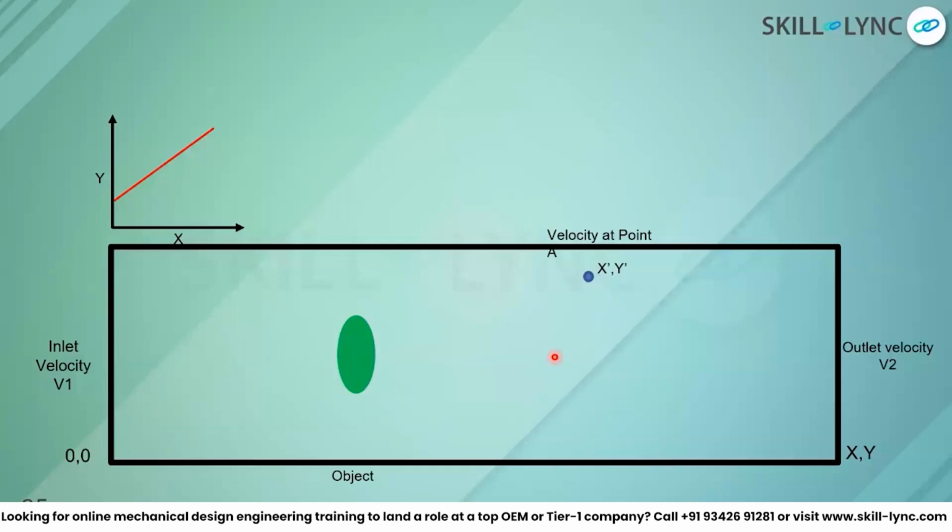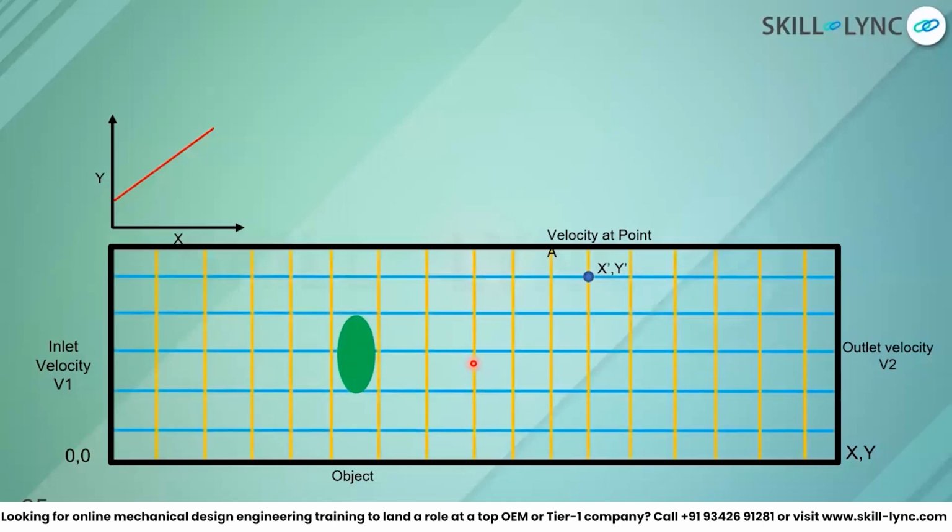That's one thing I can make sure of, because logically the flow is hitting here, so there will be some velocity disturbance, or flow disturbance, behind the object. Now if I want to understand the velocity at point A, I need to calculate the velocities at these points, near these points, and then I'll be able to understand how much velocity there is at point A when the object is inserted.